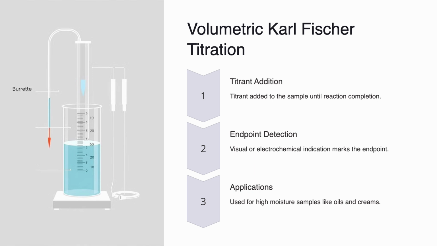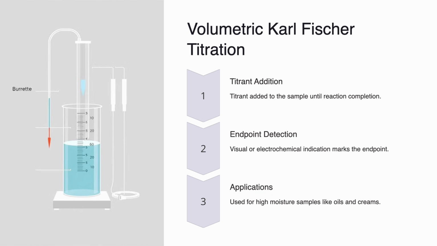The second point is endpoint detection, where visual or electrochemical indication marks the endpoint, and its application can be found in industries which have high moisture samples like oils and creams. This method can be briefly summarized as iodine being added as a titrant, and the water content is calculated based on the volume of titrant used.